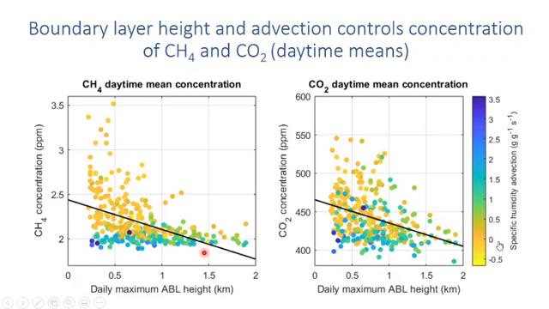And what this means is that this advection is flushing all that methane and CO2 that comes from the surface via cattle or maybe some wetlands, and it's flushing it out and keeping the concentration low. So you see here the important role that advection plays in controlling the concentration of methane, CO2, and other greenhouse gases in the surface.